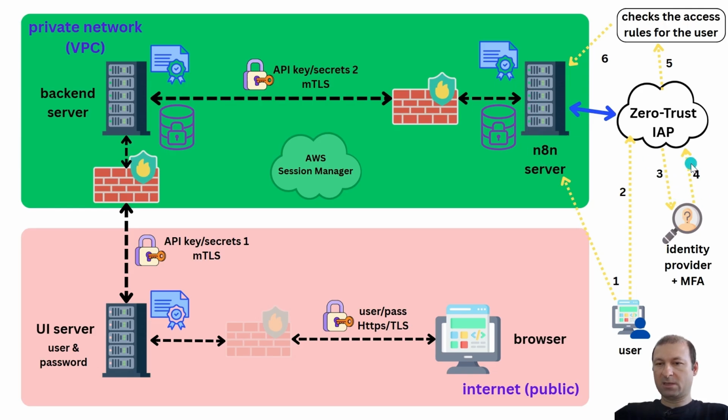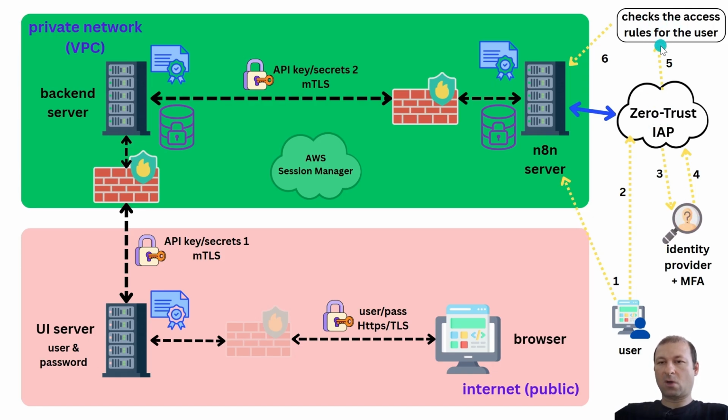Then after the identity is provided, the IAP also checks the access rules for the user, which can range from specific IPs, ranges of IPs, or countries, or physical location of the user. And of course, the device to be checked, as we previously discussed.